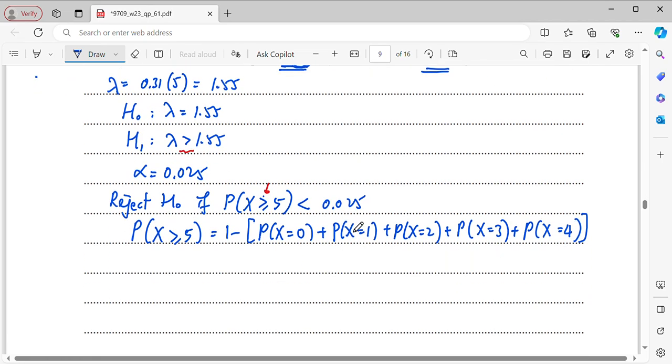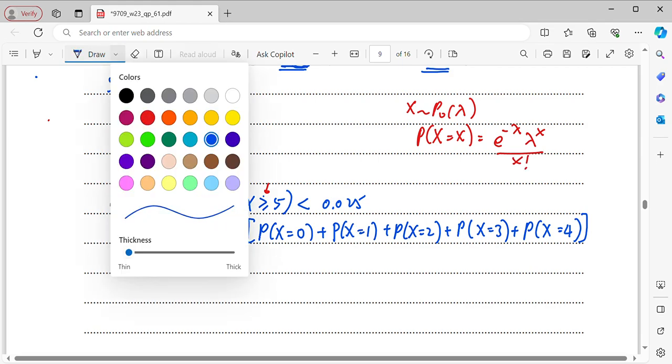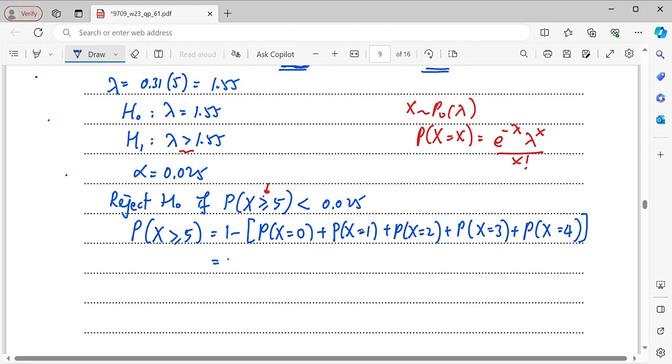Right? So now since this is Poisson distributed, if you still remember, your X is Po(lambda), then your P(X equals x) will be e to the minus lambda, lambda to the x, over x factorial. Okay, so now I will factorize the exponential. So it will be e to the negative 1.55.